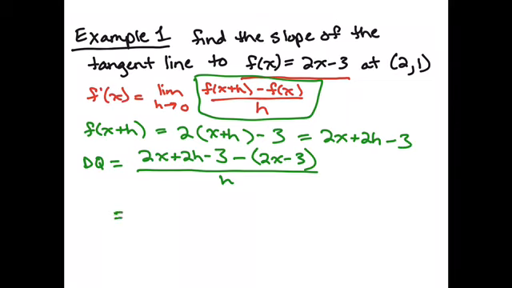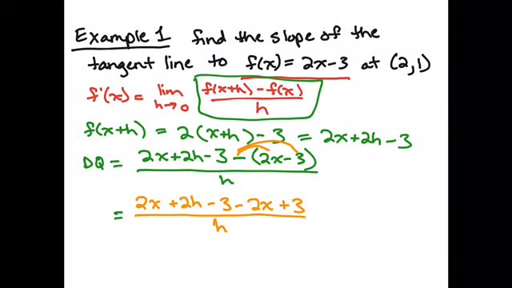So if I distribute this minus here, I'm going to get 2x plus 2h minus 3 minus 2x plus 3 all over h.